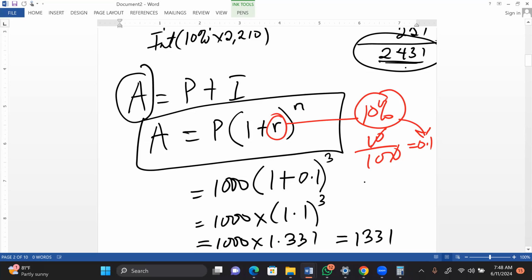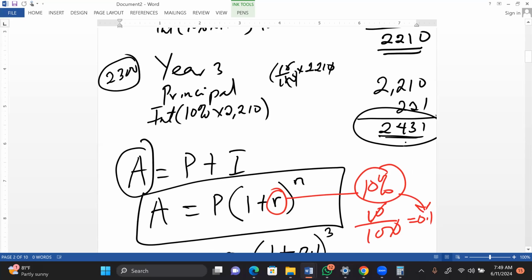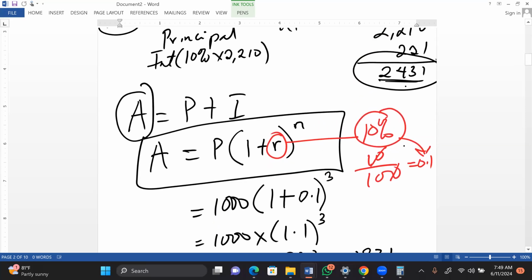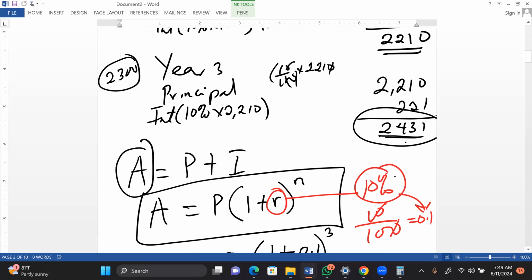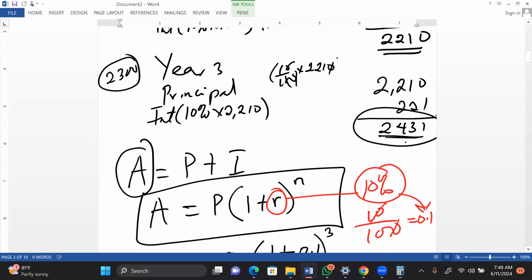1,331. Oh, there's no mistake here. Let's see if there's a mistake here. Okay. This is a mistake I made. Look at what I did here. What I have here is 2,210.